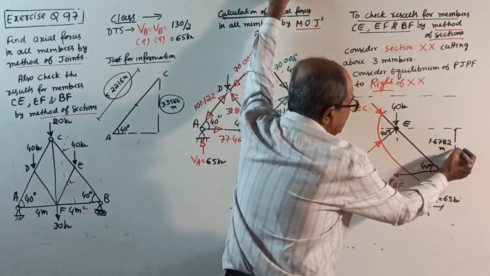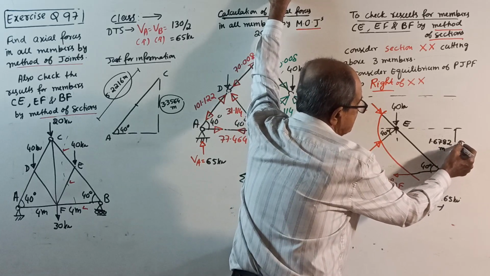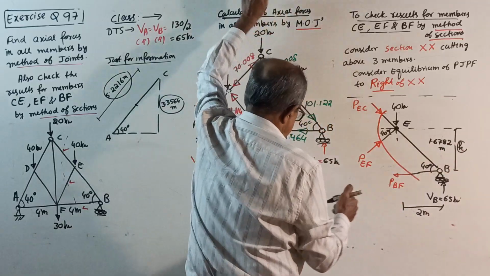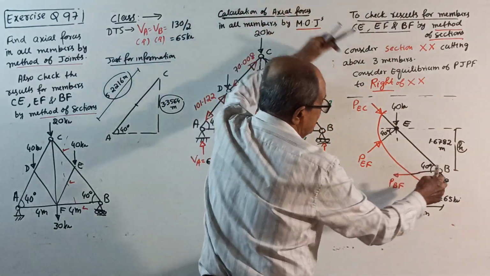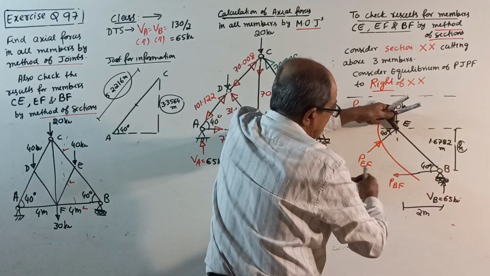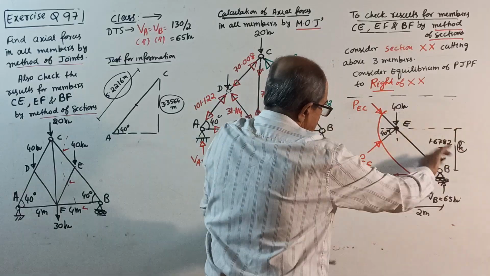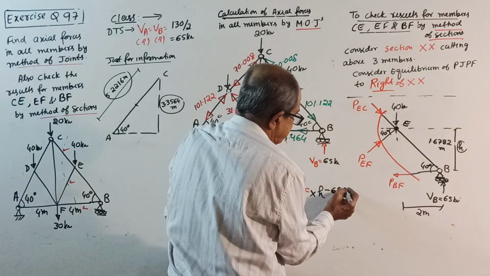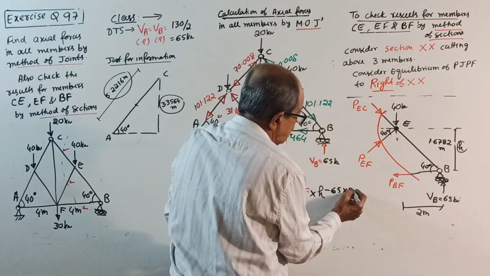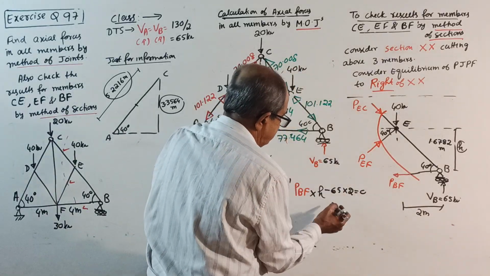The height required, you call this H. P_BF into H clockwise minus 65 into 2 equals 0. You will get the value of P_BF.